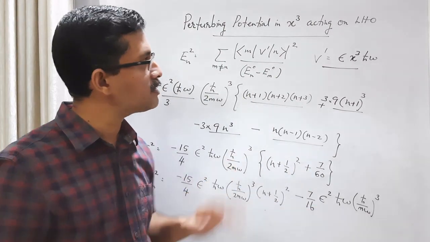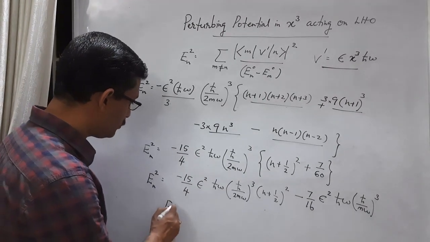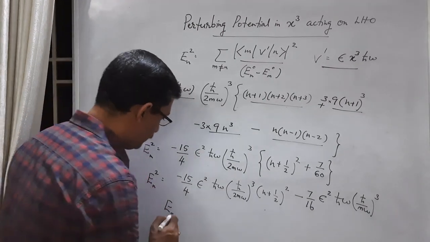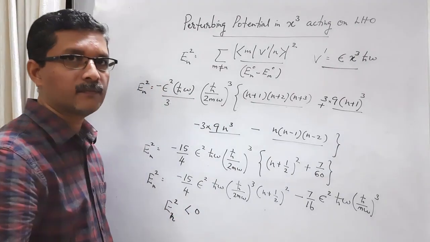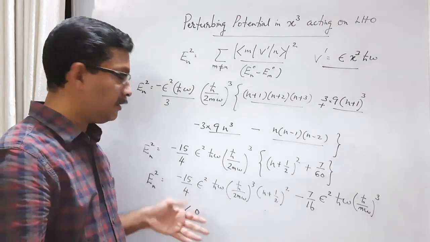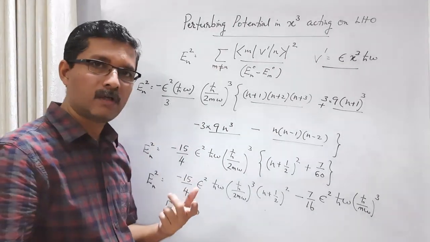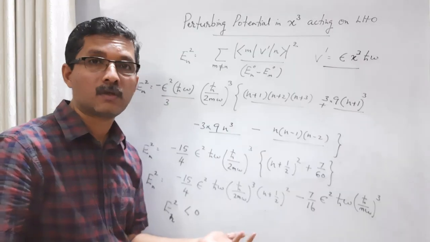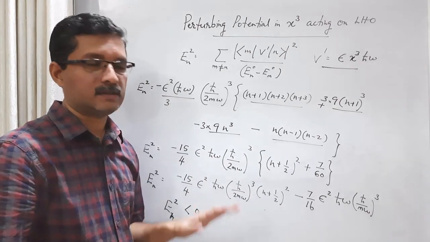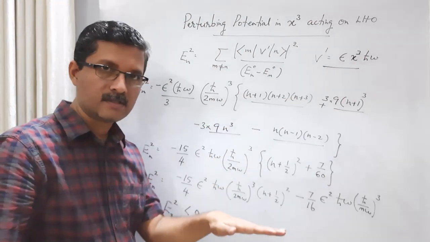So whatever be the sign of epsilon, En2 is always negative. En1 is 0, so the first order correction is 0, and the first non-zero correction in the energy levels is such that the energy levels will decrease.